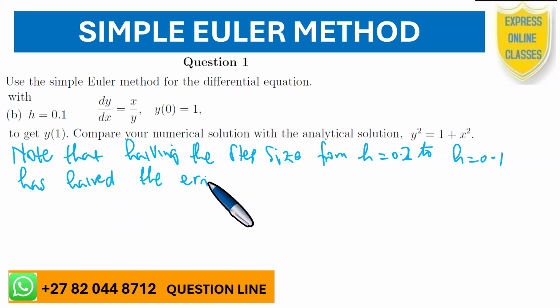So we have that the error has been halved by halving the step size.